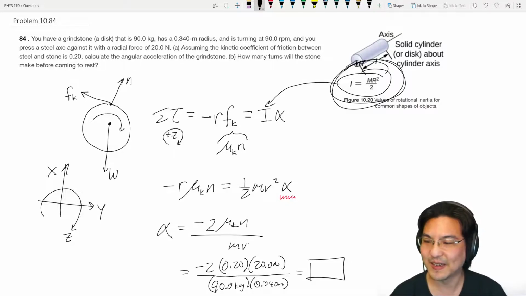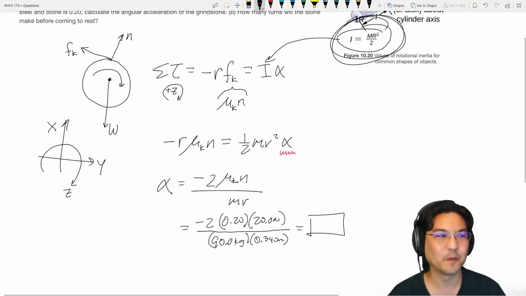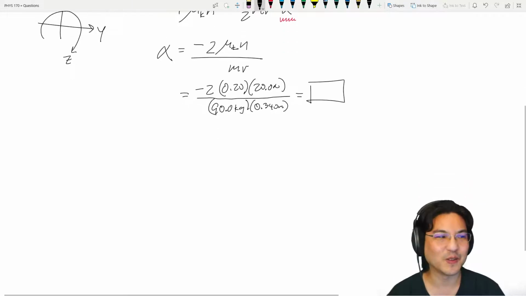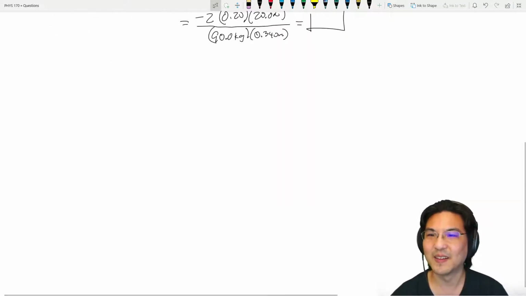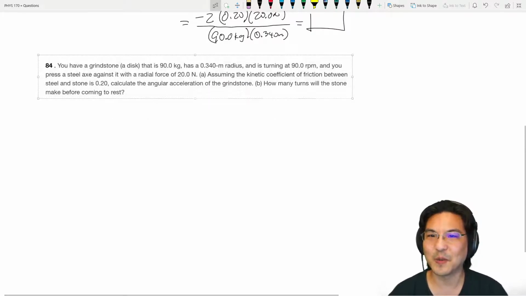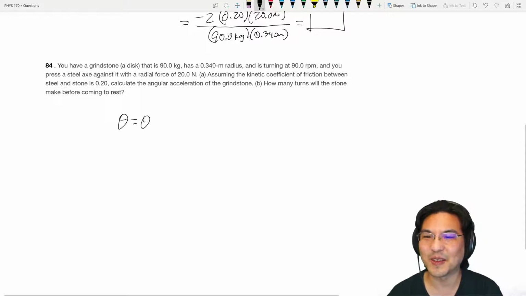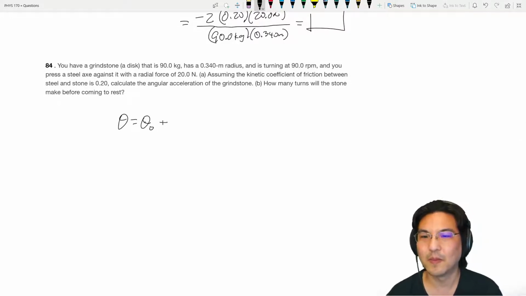Okay, so that's a kinematics question, right? Of all the formulas you know from kinematics, let me make a copy of this. What should we use? Stuff like this, kinematics for constant acceleration. You know this one.